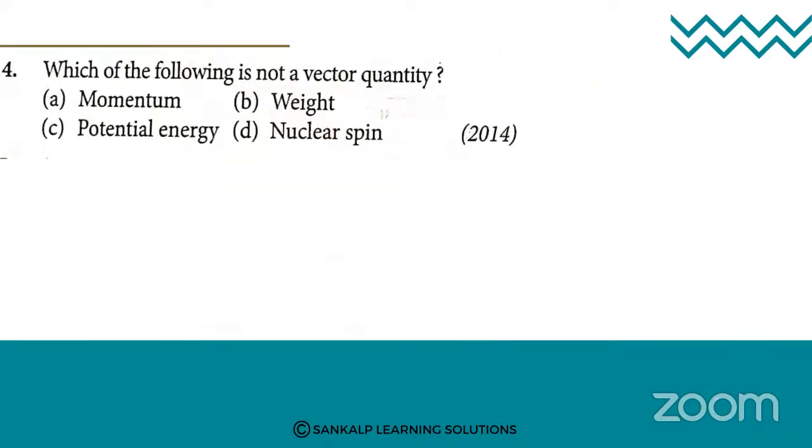Yes, students, very simple question. Please answer this, everyone. Which one of the following is not a vector quantity? Momentum, weight, potential energy, nuclear spin. Not a vector quantity means it must be a scalar quantity.